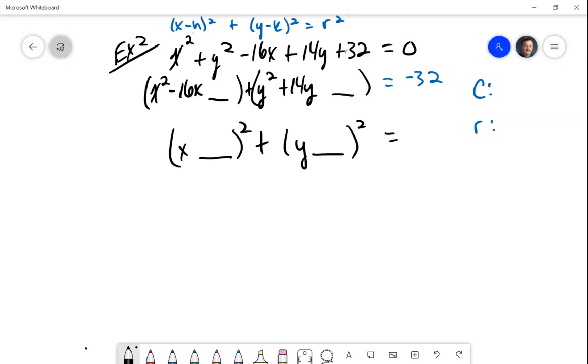Whatever number I put in this spot, if I square it, it has to give me this number here at the end, in this step where we're actually at. At the same time, whatever number I have here, if I combine it with the x and then double that, it has to give me the number in the middle. So you have to kind of think in reverse of that. And if you need to go back and play that again to kind of break it down a little bit slower, please do.